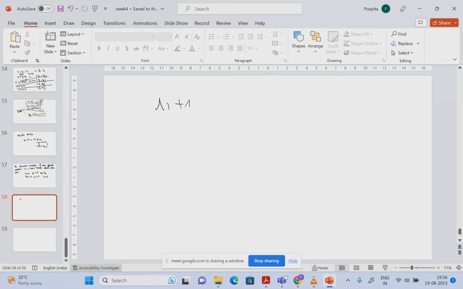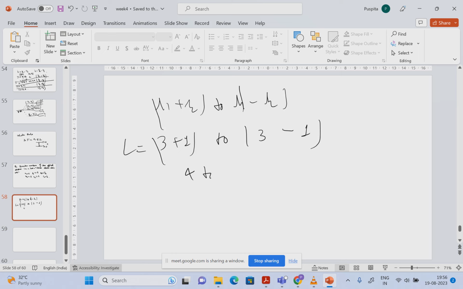So l1 plus l2 to l1 minus l2: L will be 3 plus 1, that is 4, to 3 minus 1, 2. So L will be 2, 3, 4. And S will be s1 plus s2 to s1 minus s2.